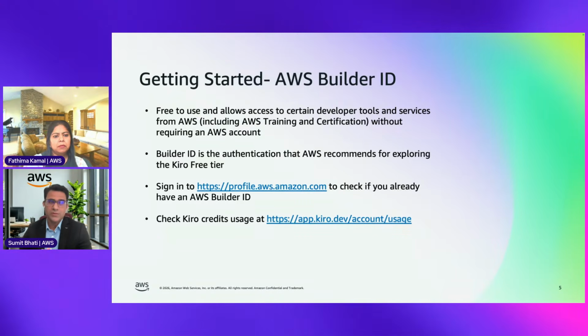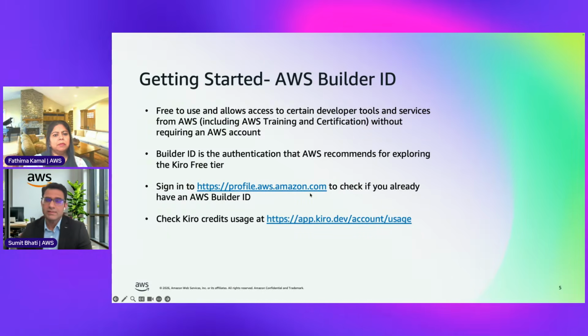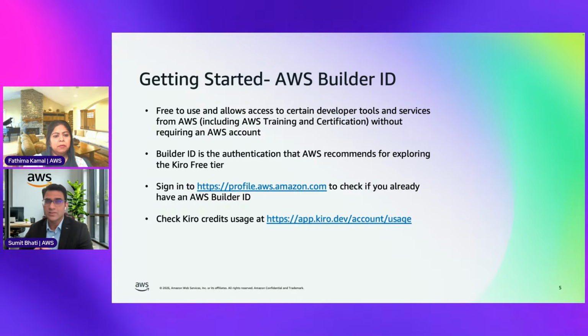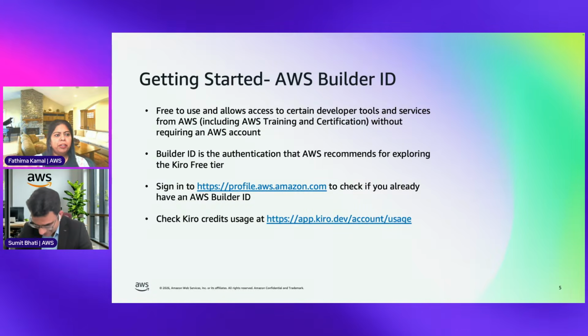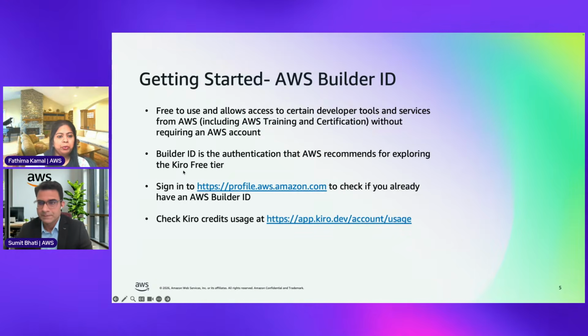But even if you don't, you can log into this specific link and create a new one. When you create a new Builder ID, you will get some Kiro credits to run this workshop. For our audience, I've pasted the workshop link in our chat, so you can follow along and build along if you have your own account set up.